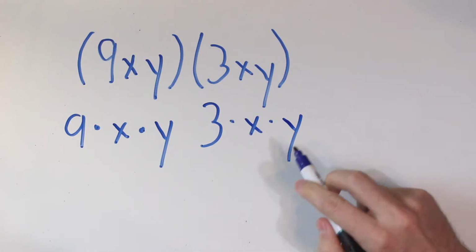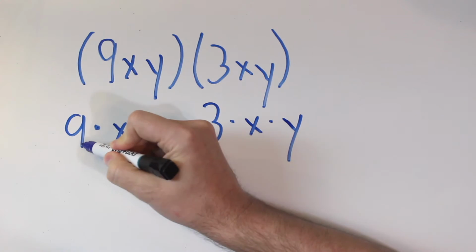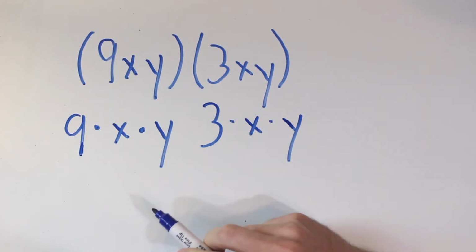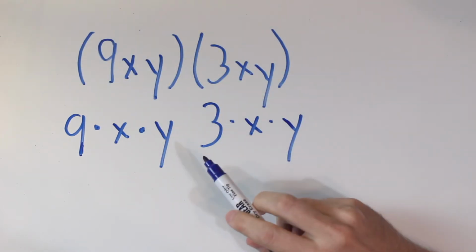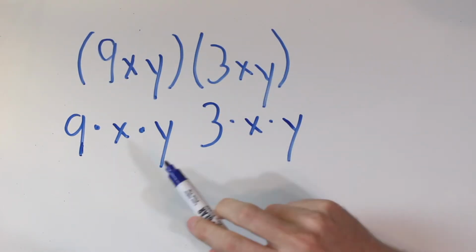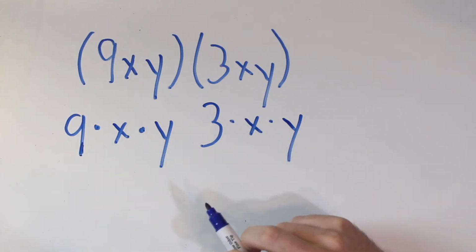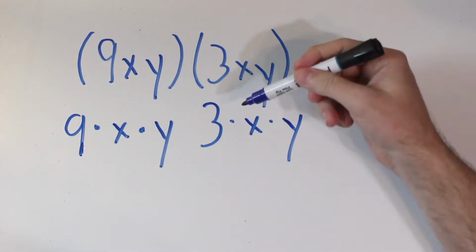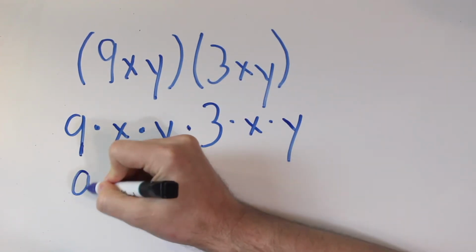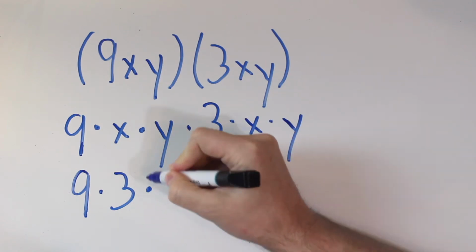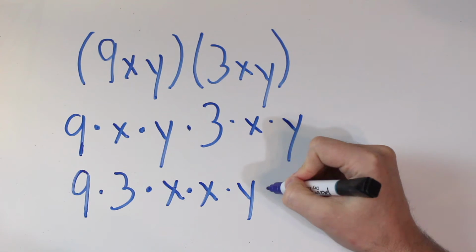Write it out that way as well. Now, using the commutative property of multiplication, which is just a fancy way of saying that you can move the numbers and variables around, let's group the constants together and the different variables together. 9 times x times y times 3 times x times y becomes 9 times 3 times x times y times y.